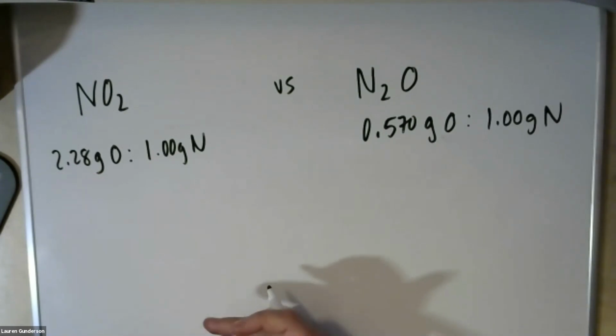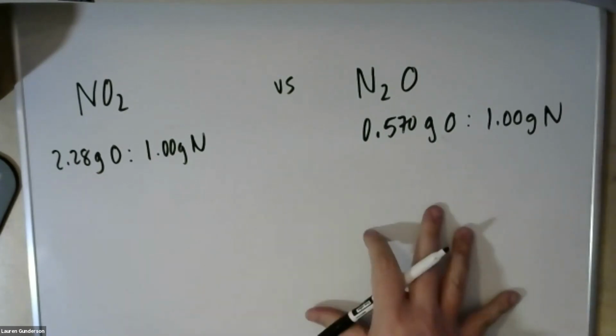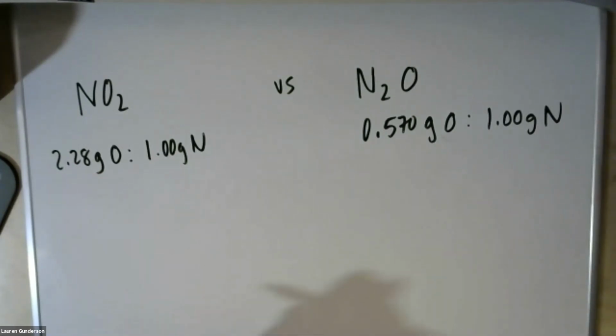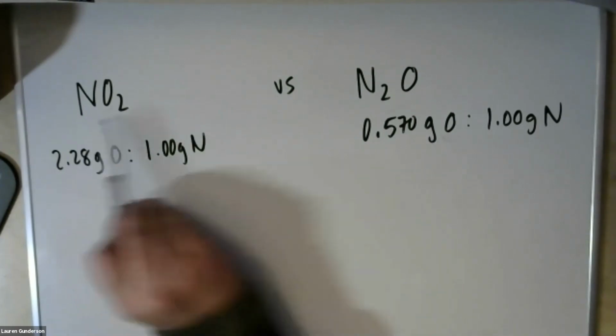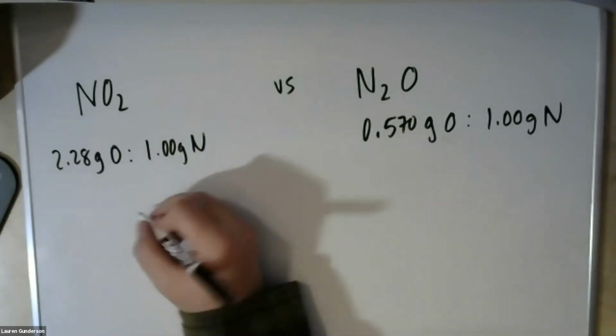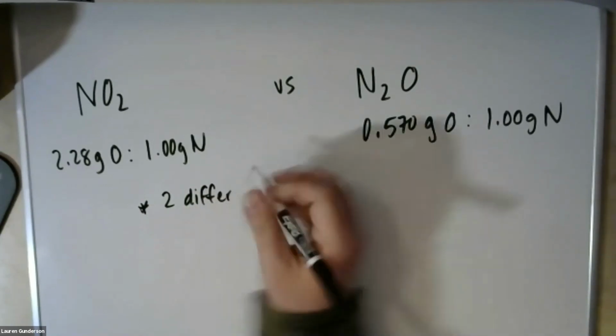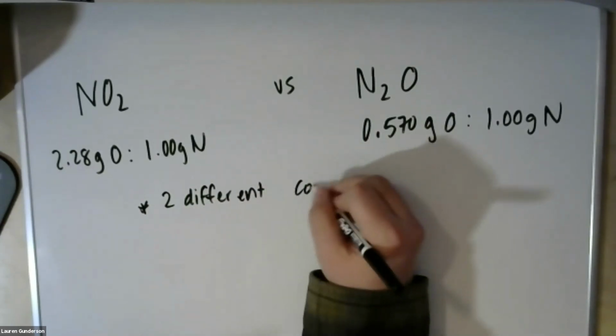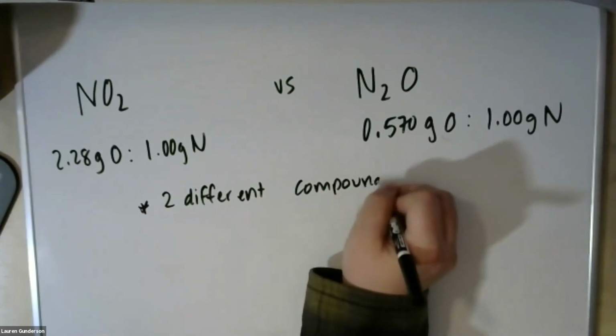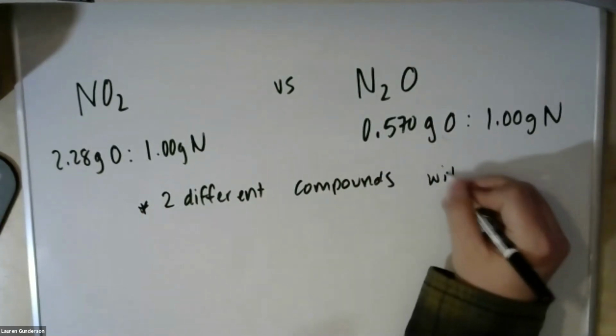That's what we're going to prove right here. So when you're looking at the law of multiple proportions, we're looking at two different compounds with the same elements.